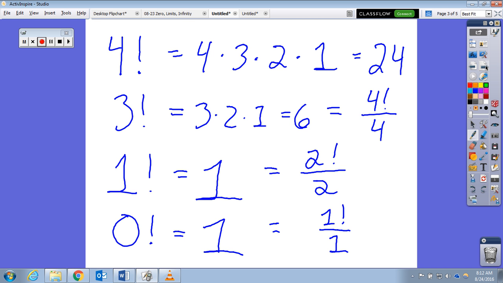Then point out here, 1 factorial is 1, but what is 0 factorial? You would also say it is 1. The way to think about this is if you have 0 items to choose from, and you're taking all of those items, which there are none of, how many possible ways can you arrange those items? 1. You'd just have a blank, like a blank bookshelf. And so we define that as 1.